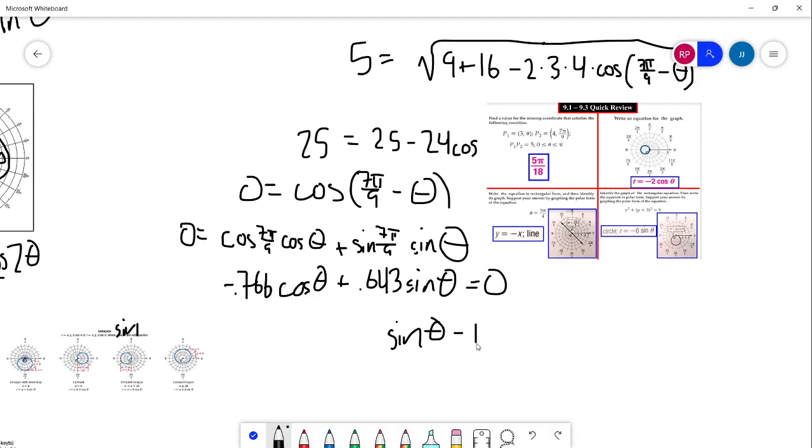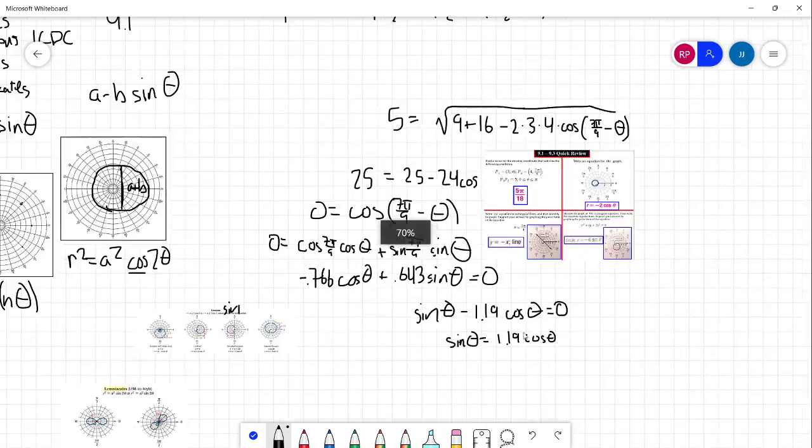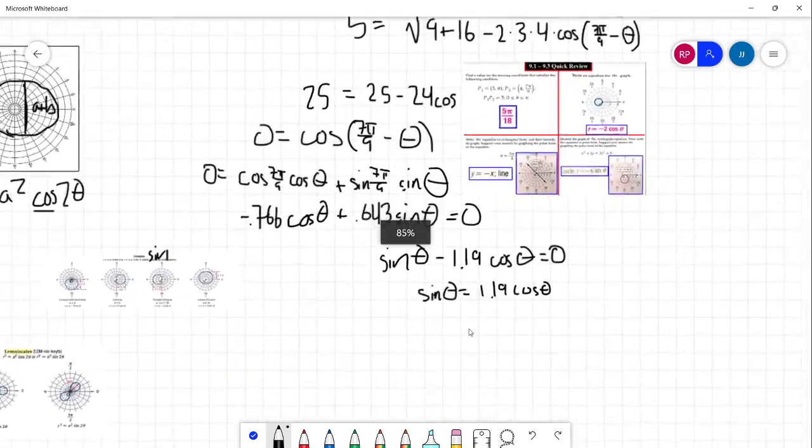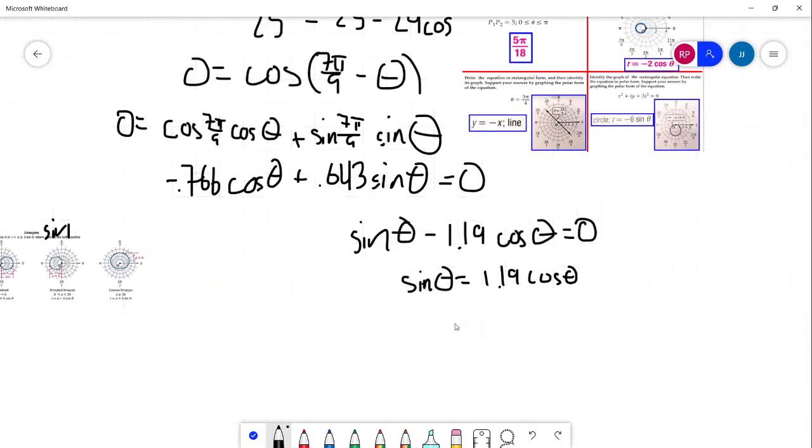And then minus 1.19 cosine theta equals 0. And we can do sine theta equals 1.19 cosine theta.